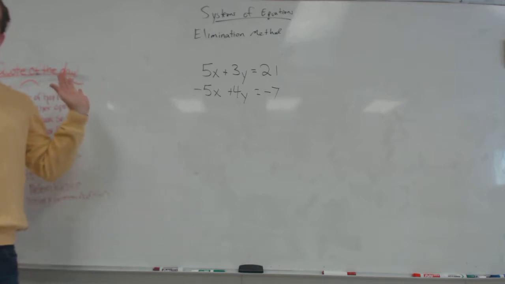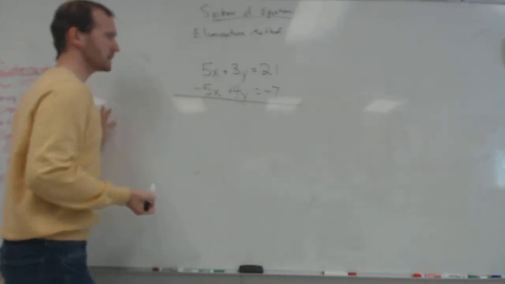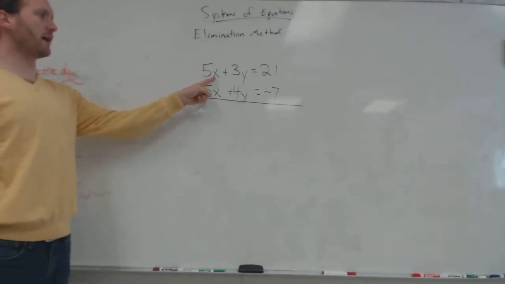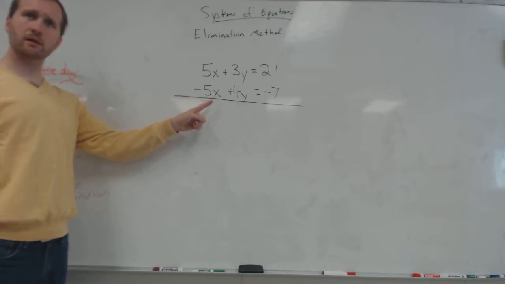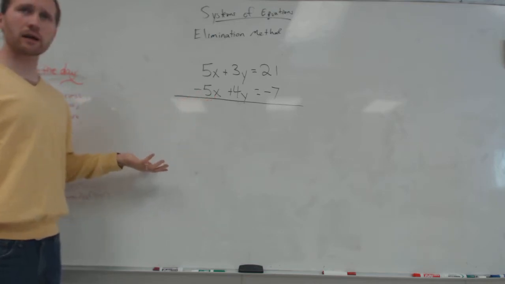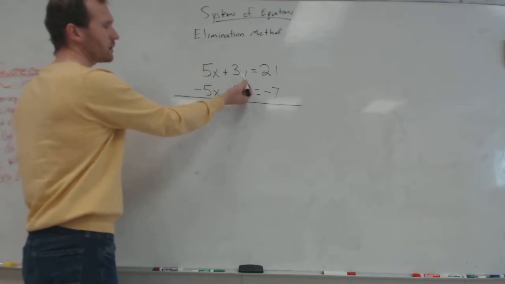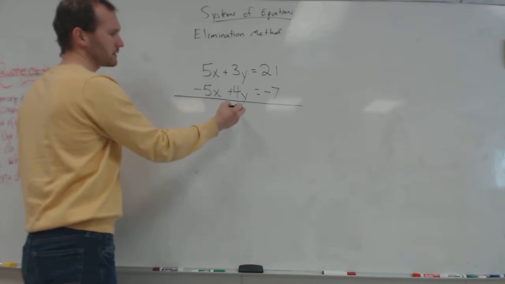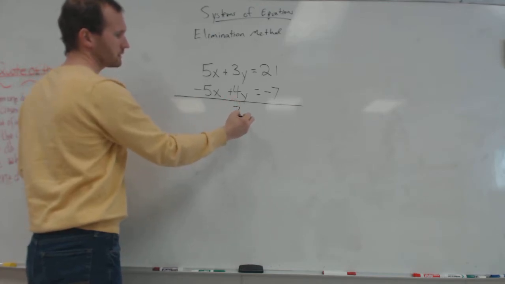So like I said, for today, everything's already going to be set up. All you need to do is add the two equations together as your first step. So 5x plus a negative 5x, that's just going to be 0, right? So that drops out. 3y plus 4y is 7y.